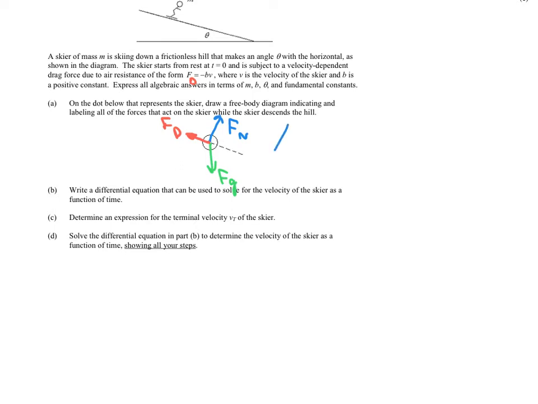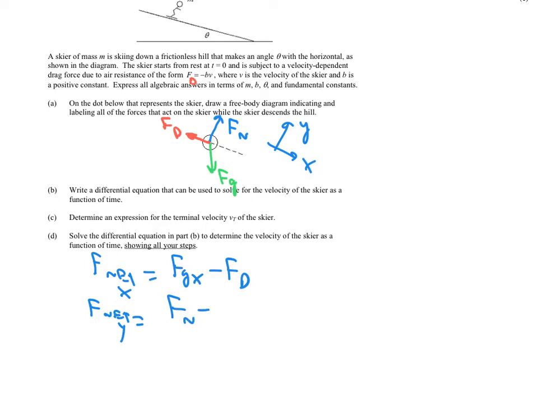We might as well take x along the incline and y perpendicular to the incline, and then we can say, well, the net force in the x direction is going to be Fgx minus Fd, and the net force in the y direction is going to be Fn minus Fgy.